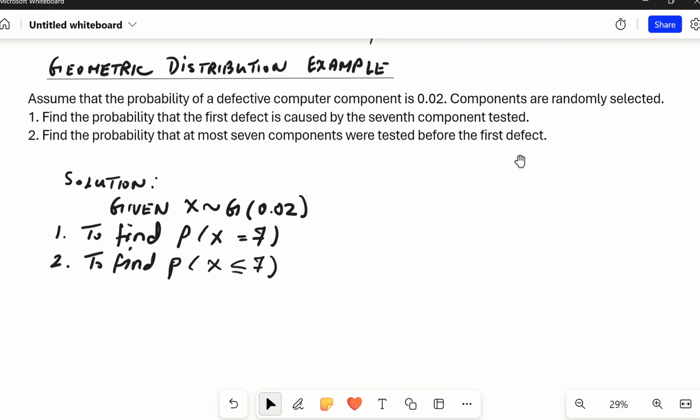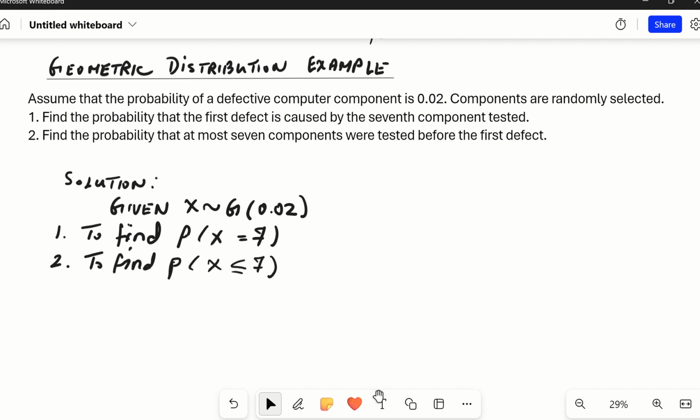We are repeating until we hit the first defective computer component, and the probability of that is 0.02, which makes it a geometric distribution, and that's when we stop. So p is 0.02, and for the first problem, we need to find x equals 7, so it's an exact value.